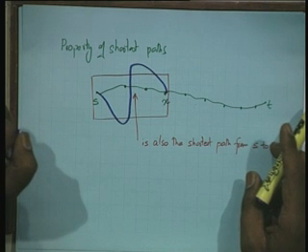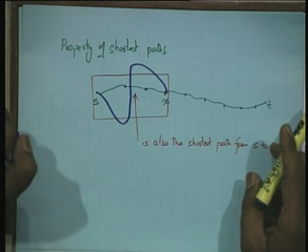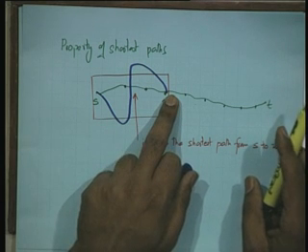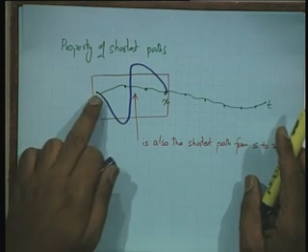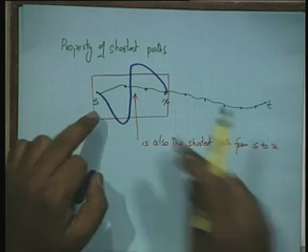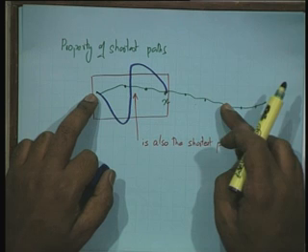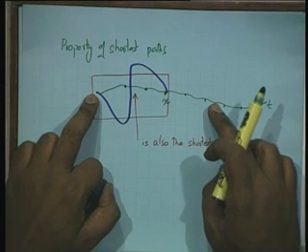Yeah. And there was nothing particular about X. For any vertex on this path, the shortest path from S to that vertex is this path.